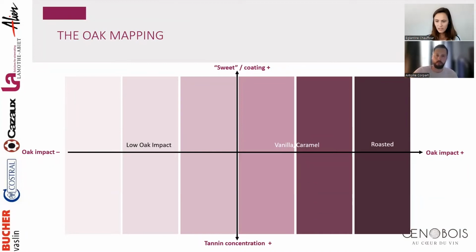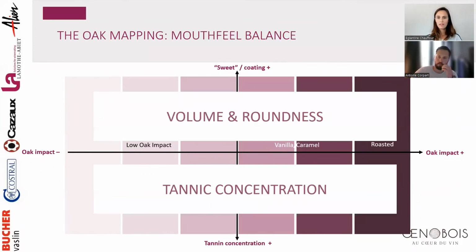Okay, so just to be clear, that's how we are going to interpret this map. On the low side of the map, we are looking at all the oaks that bring tannins and will increase the concentration of a wine. And on the top part of this map, we are here to talk about volume and roundness.